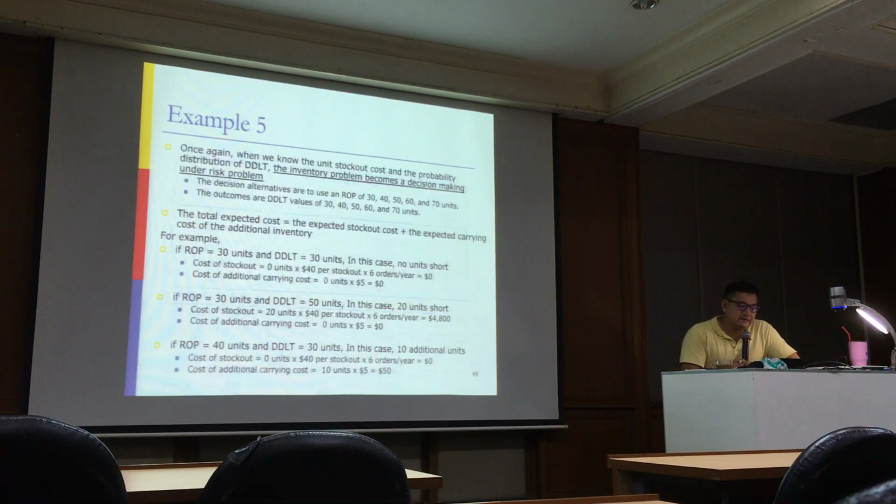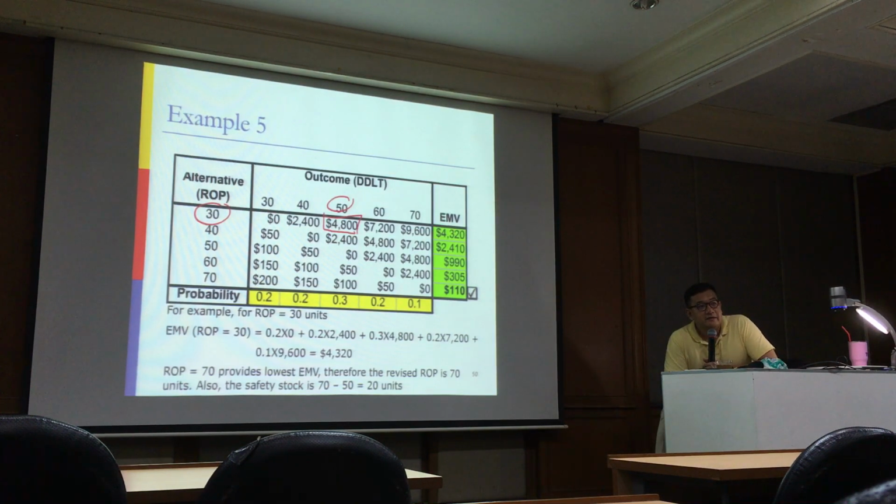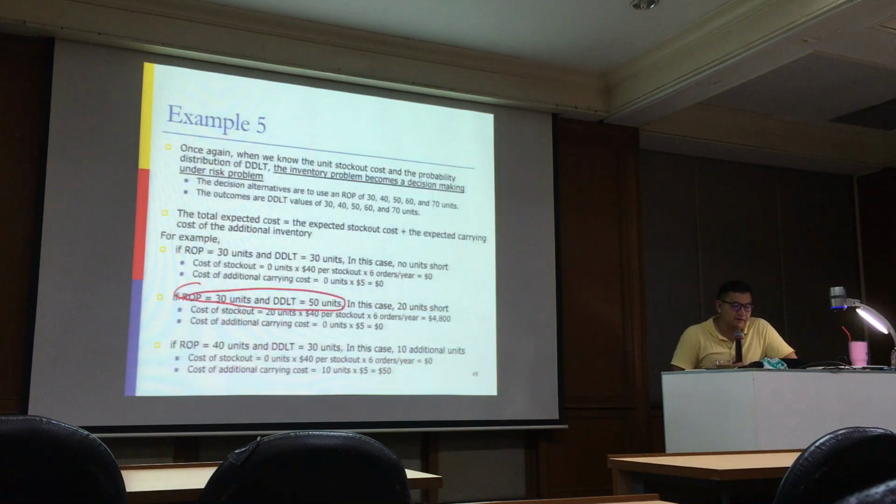How about the next one? Let me show you. If the reorder point is 30 and demand during lead time is 50, demand is more than the reorder point, so you have the stock out cost. How do we calculate it? Demand is 50, the reorder point 30, so you are short by 20 units. From the information, the stock out cost is $40 per stock out, so we multiply the 20 units short by $40.